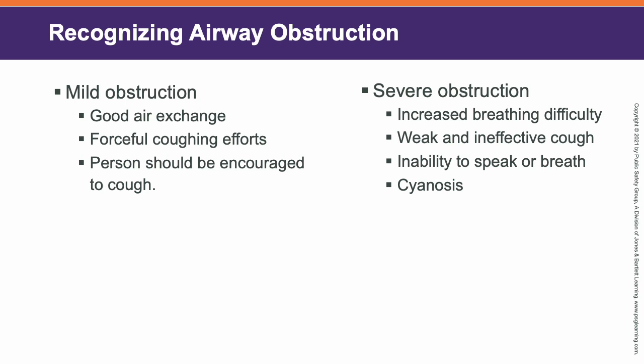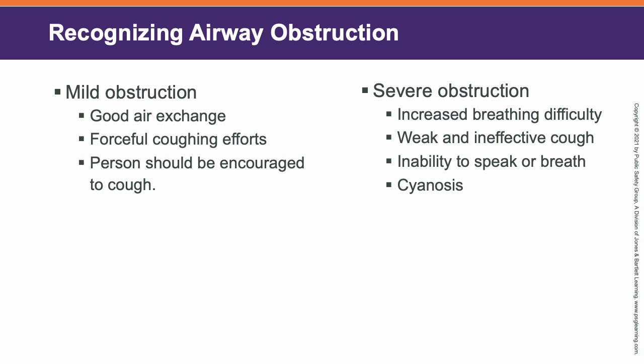If there is a mild obstruction in somebody's airway, they're still going to have some air exchange. They're still going to be able to get oxygen in and breathe carbon dioxide out, but it's going to be a little bit harder. They're probably going to have forceful coughing, trying to get whatever it is out. That's the body's normal reaction to choking.